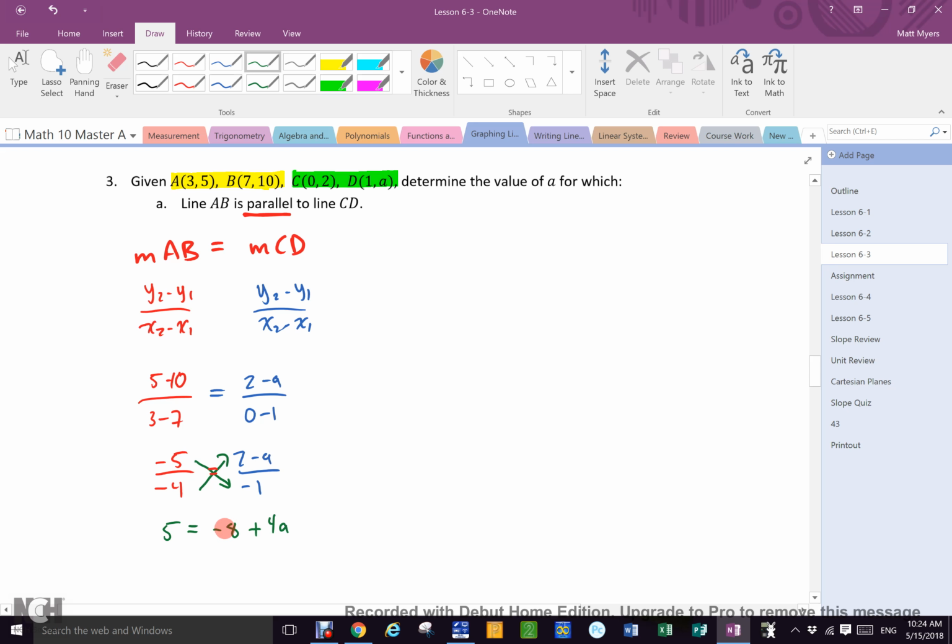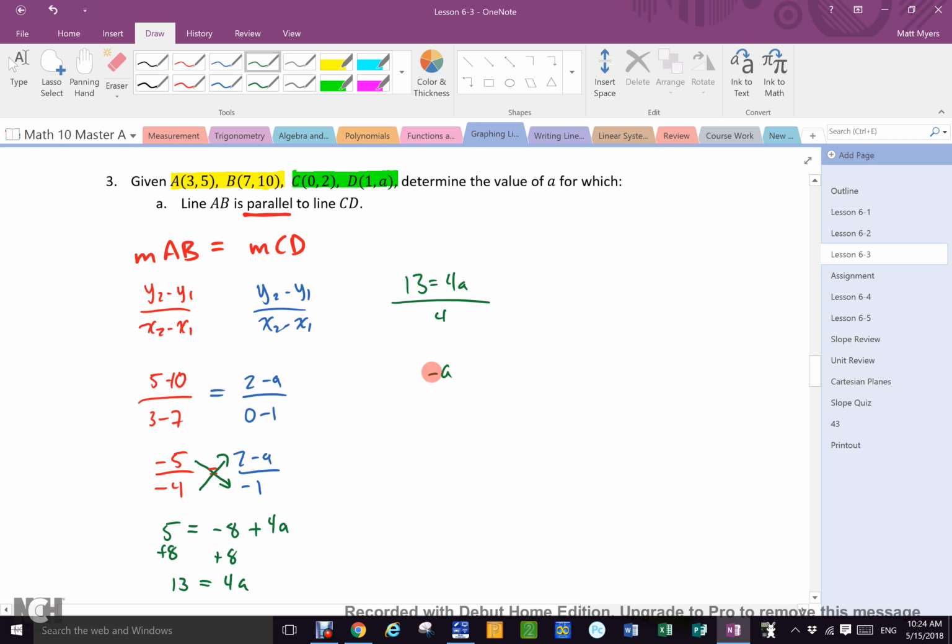How do I figure this out now? Subtract 8. Subtract it. Add it. What's 8 plus 5? 13 equals 4a. What's my last step? Divide by 4.